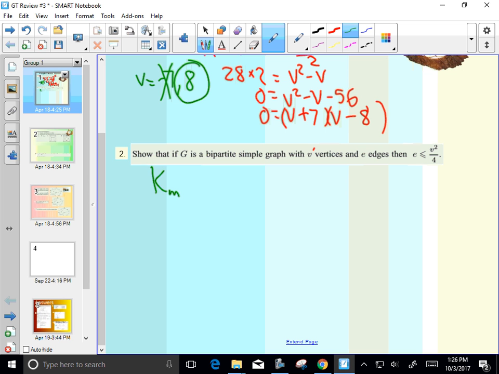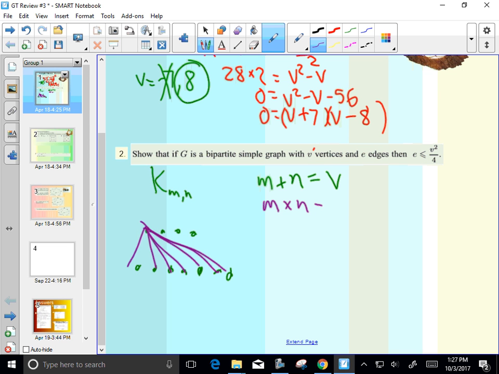Well, let's talk about bipartite number 2 here. K of m comma n. That's if you have m across the top, n across the bottom. And what can you tell me, what does m plus n mean? That's the number of vertices. What, for a bipartite graph, what's m times n? The edges, yep.